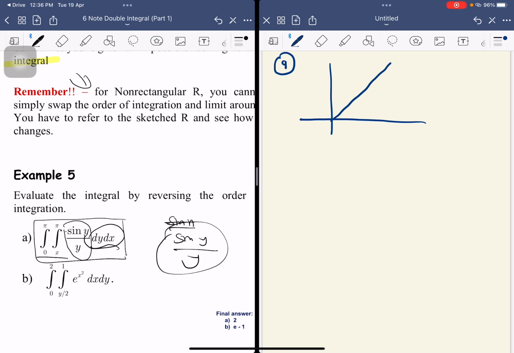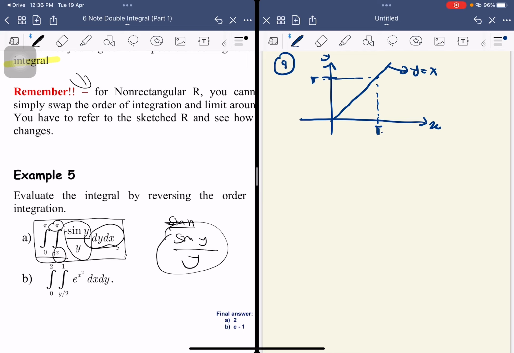Since this one is dy dx, at y equal to x, this line comes from here. Another line is y equal to pi, so in this region this axis is y and this one is x. The intersection of these gives pi over here.